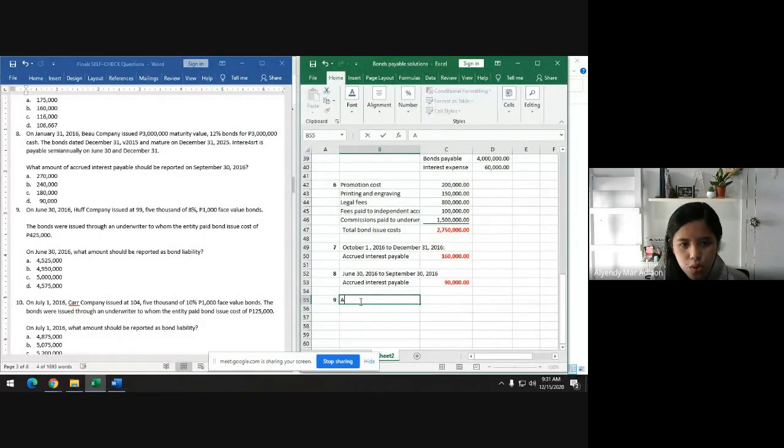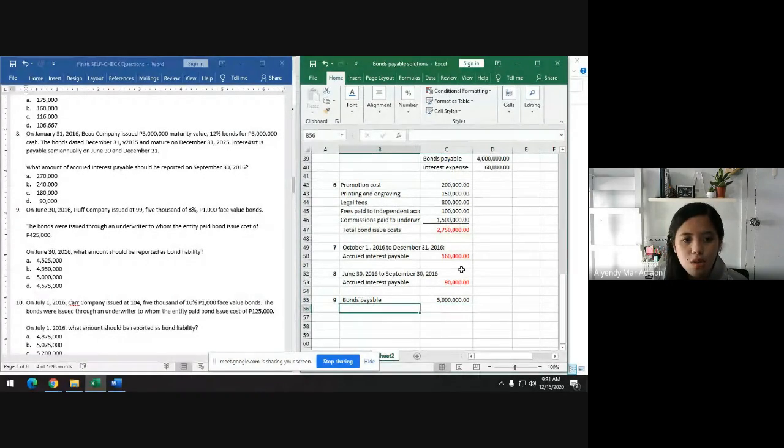So at the time of issuance, let's start first with its face value. How much is the face value? There are 5,000 bonds multiplied by its 1,000 face value. So, that is 5 million face value.